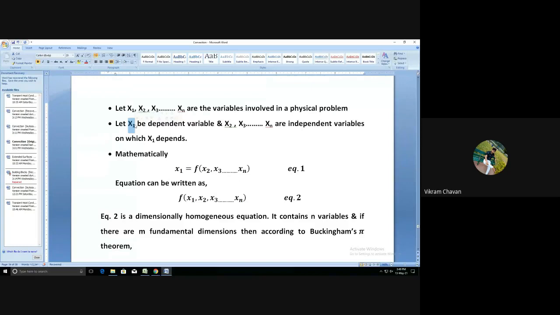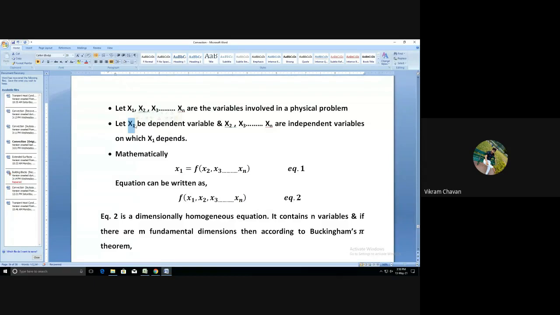In a similar fashion, here x1 is a dependent variable and x2, x3 and the remaining up to xn are the independent variables. So let x1 be a dependent variable and x2 to xn the independent variables on which x1 depends.